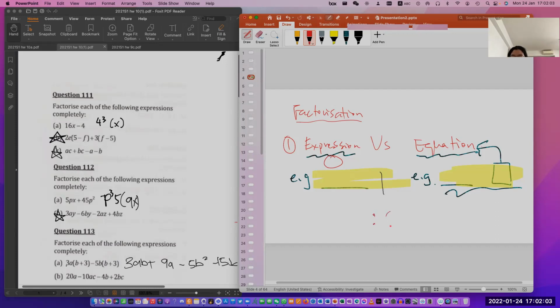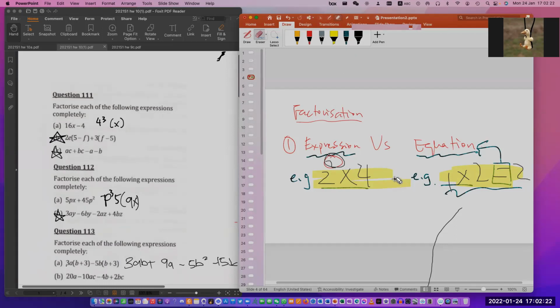So what's an equation? Okay, you have erased your equal to 16. Okay, so you are not entirely right.